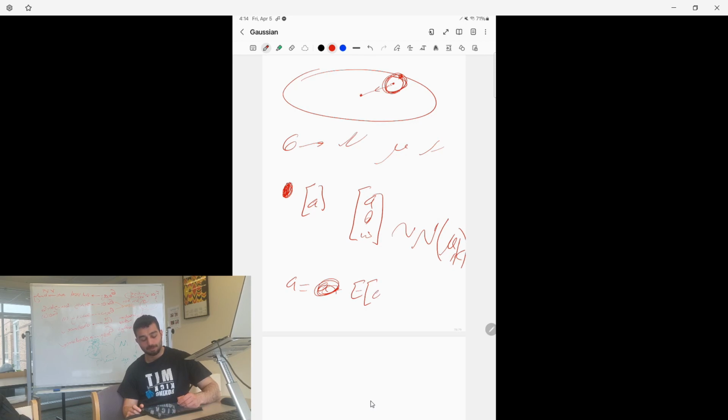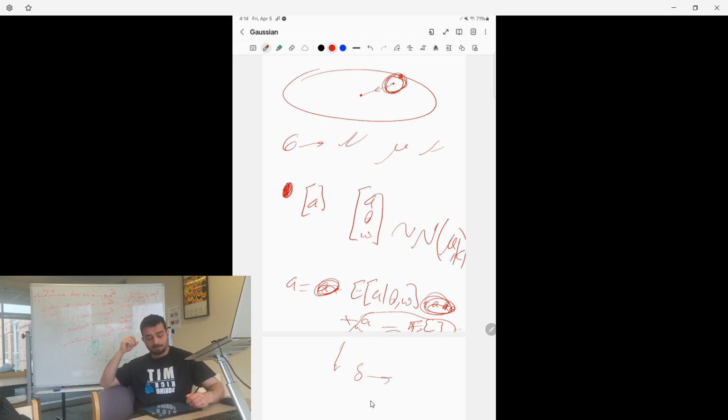The expected value of A given theta and omega, minus A, plus A. It is this plus A minus this expectation. Now we want to say this is maximally anti-correlated and gives us delta in the form of epsilon I minus epsilon j.